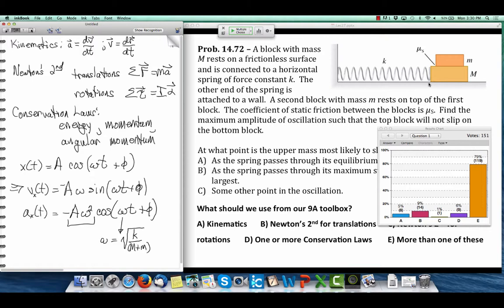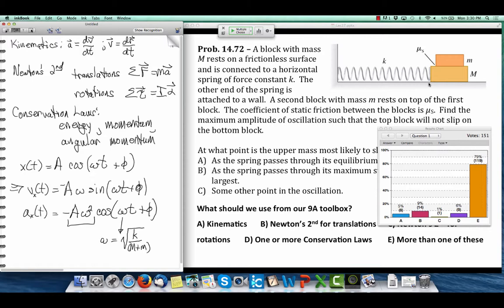And so it oscillates back and forth, and then less and less and less. And at some point, it'll probably stop off of equilibrium. I mean, there's no reason that it would stop exactly at equilibrium. At some point, the static friction force and the spring force will cancel, and it will stop somewhere other than its equilibrium point.